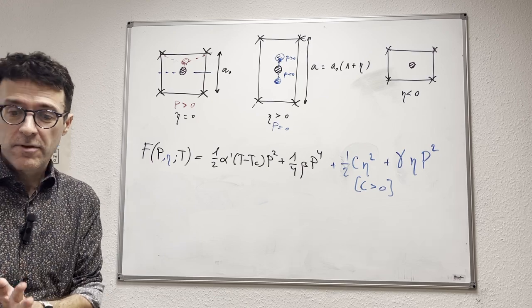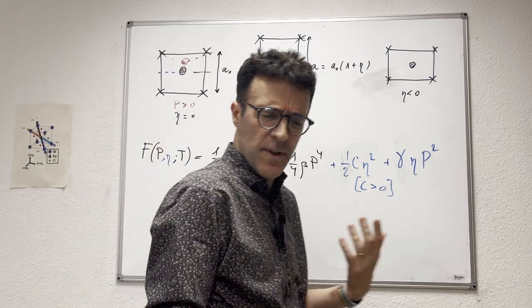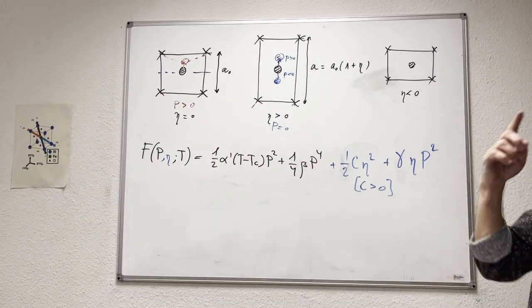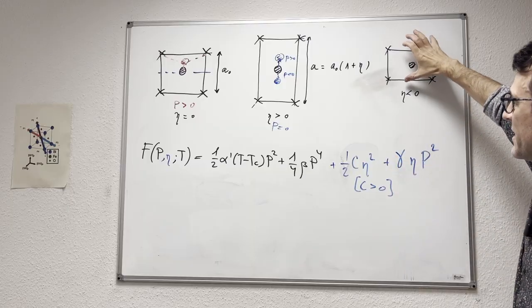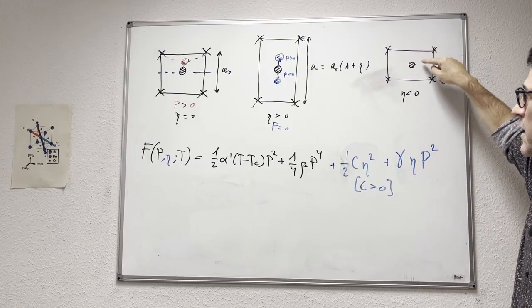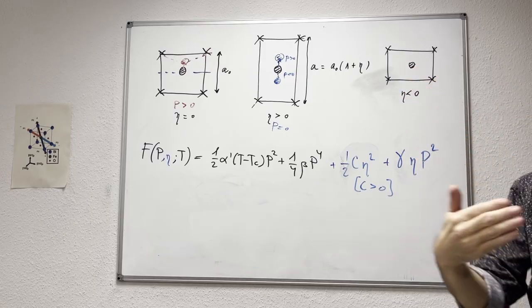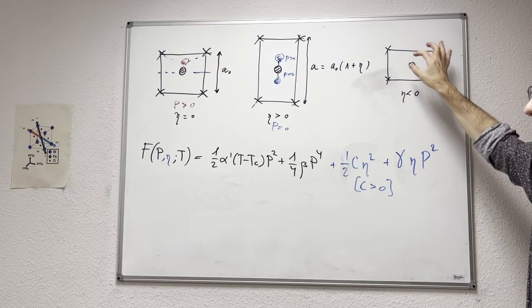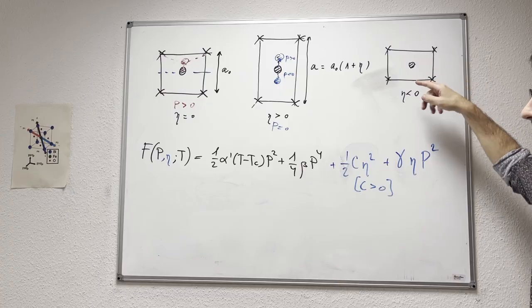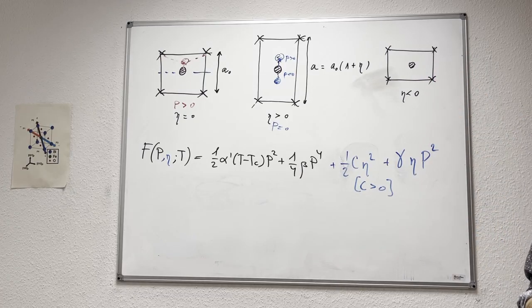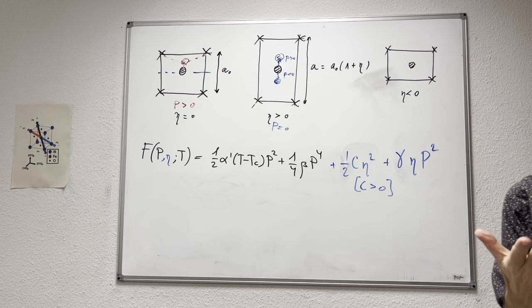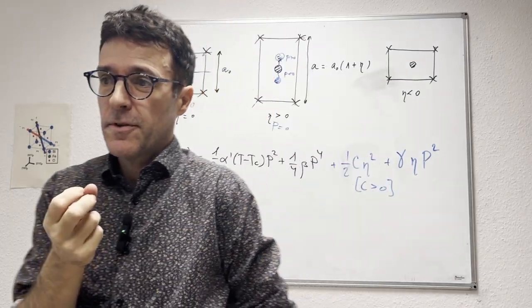I have just argued, in order to convince you that the strain can affect the polarization, that when we compress, so for negative strain, the polarization really suffers. It could even be that because this atom cannot move any longer, it doesn't have space, we don't get any polarization at all.